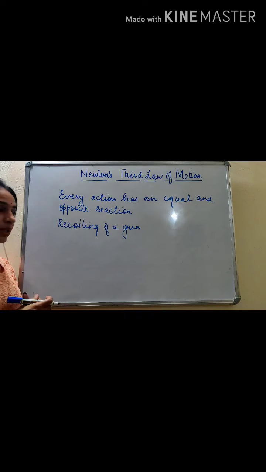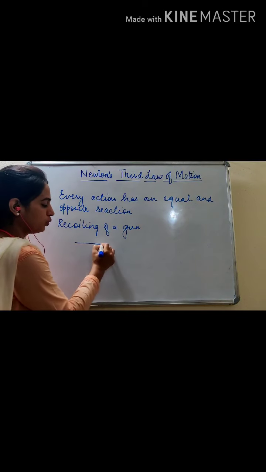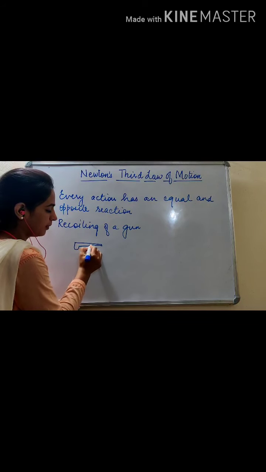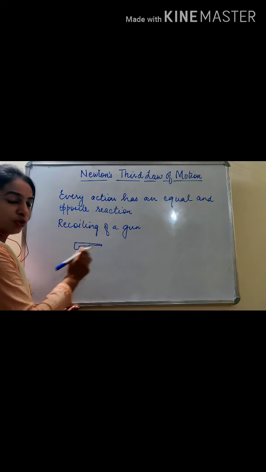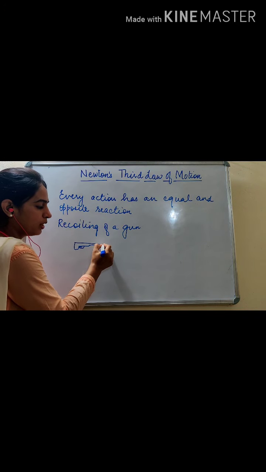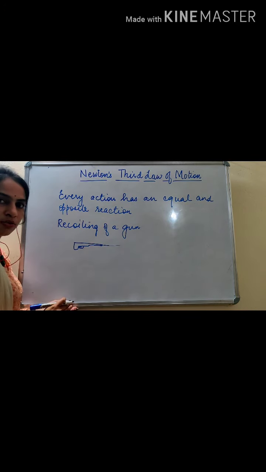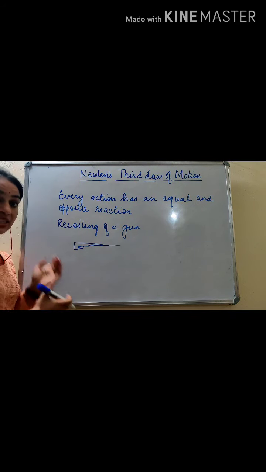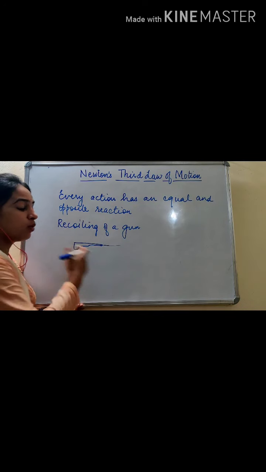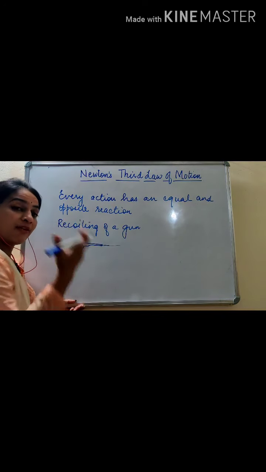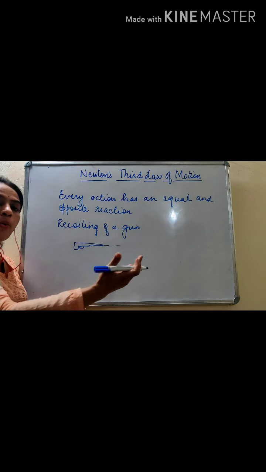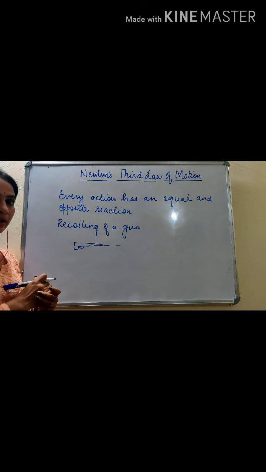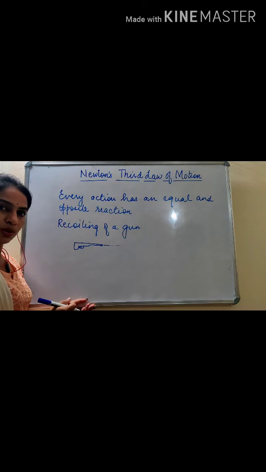So if you shoot from a gun, okay, this is the gun, when the bullet is fired from the gun, what is the acceleration of the bullet? It's very high, right? And when the bullet goes forward, have you experienced a recoil, an opposite force on the gun with which the shooter also gets a backward jerk? Of course, you must have experienced.